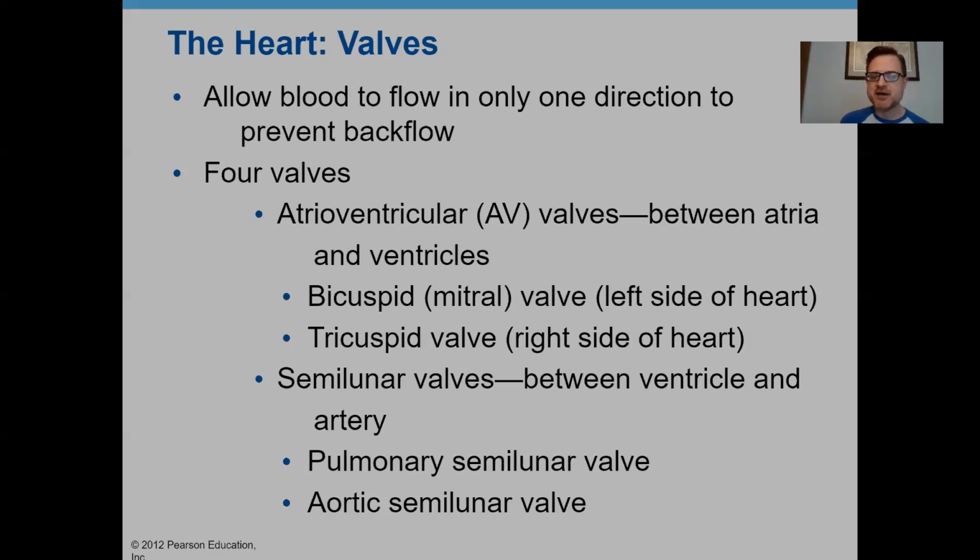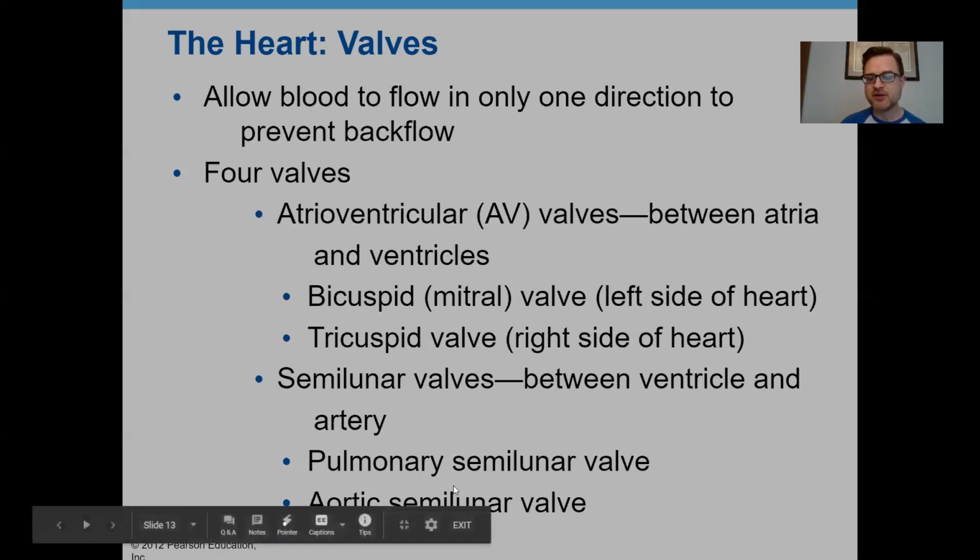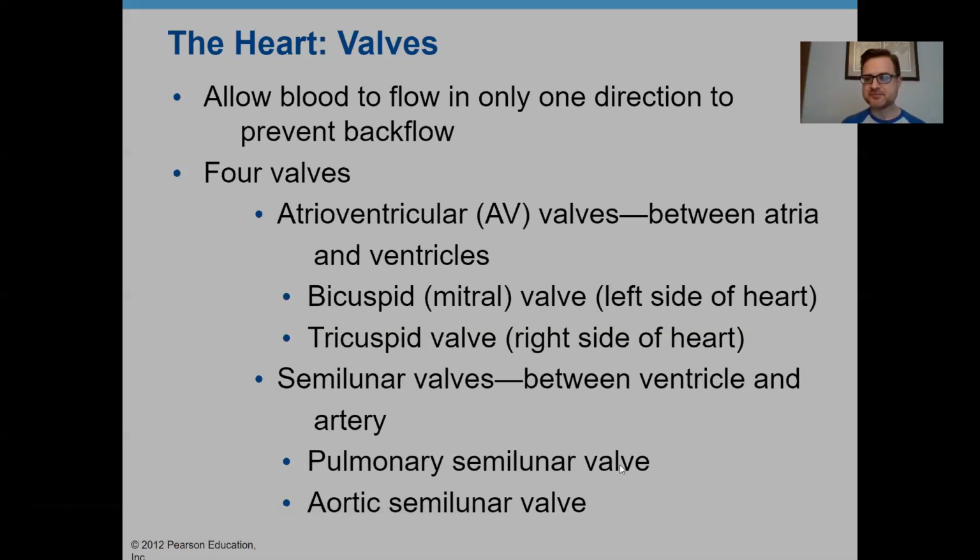Then you have the 2 semilunar valves, which are between a ventricle and an artery. So the right ventricle pumps blood up to the lungs, right? So the pulmonary semilunar valve is on the right-hand side of your heart, coming off your right ventricle up to the pulmonary artery, right?